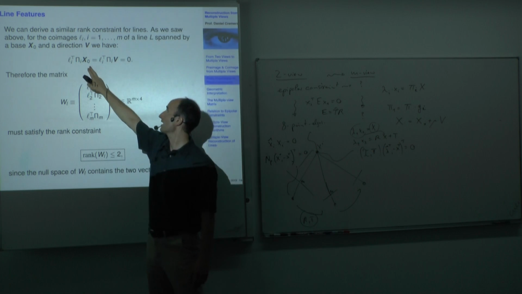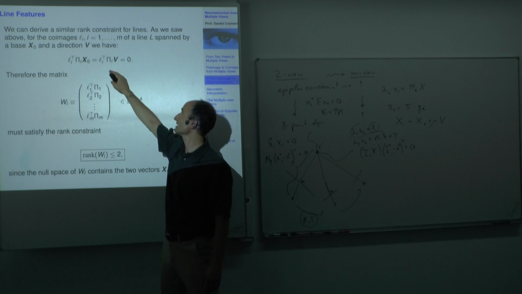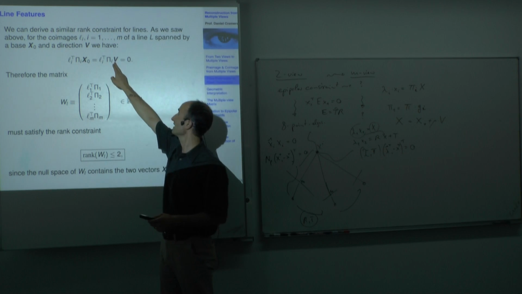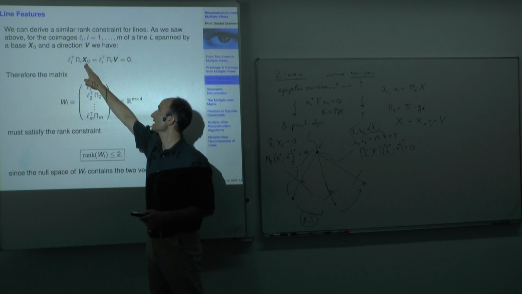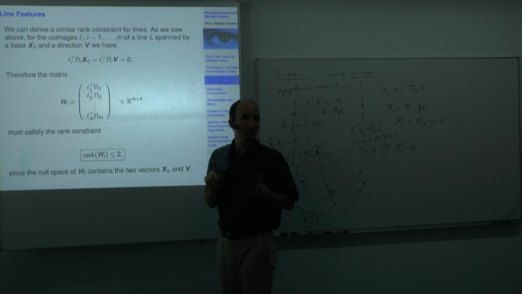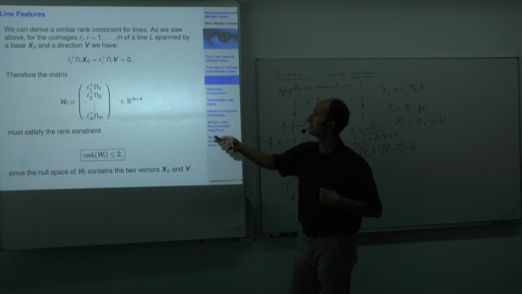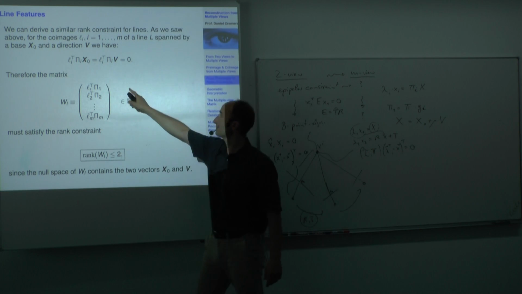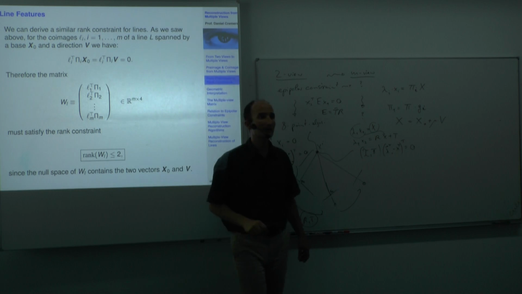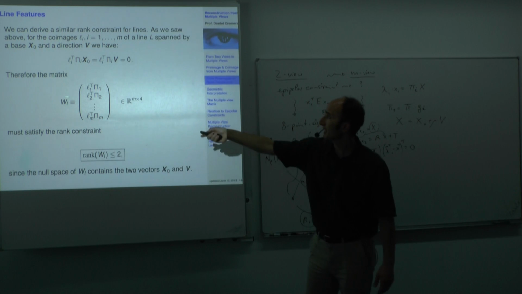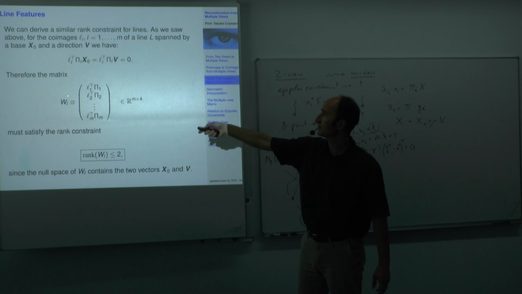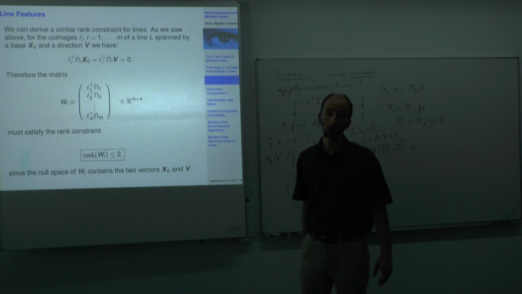Now we say we have two independent vectors in the null space. They are definitely independent because this vector has the last component 0, this has the last component 1, so they're not linearly dependent, the two vectors that live in the null space. And these two vectors are mapped to 0 by that entire matrix. So if I apply that matrix to x0, I get 0. If I apply the matrix W_L to v, I also get 0.